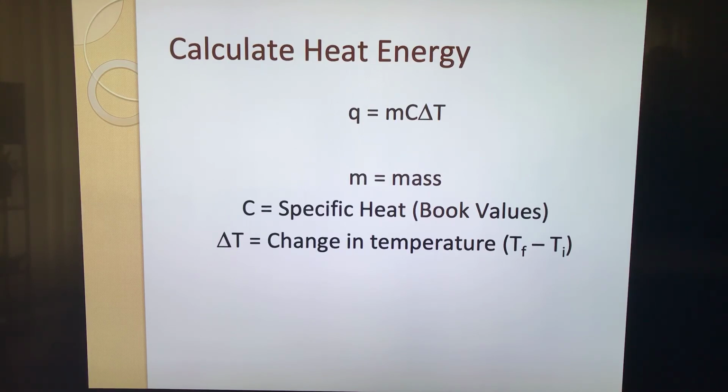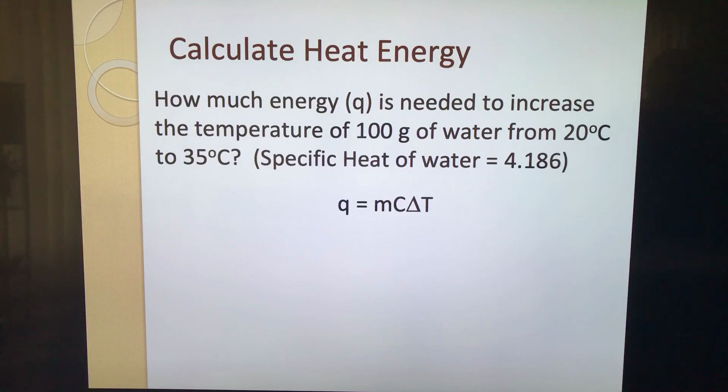All right, so let's go ahead and do a calculation. So to do this first one, I'm going to switch over here a little bit to do some work in the iPad, calculating heat energy.